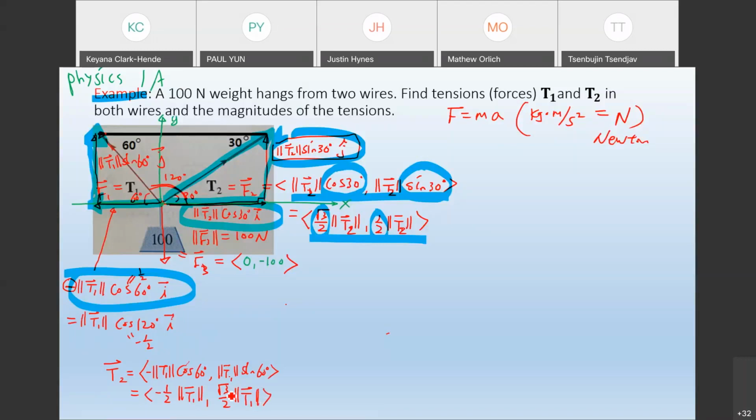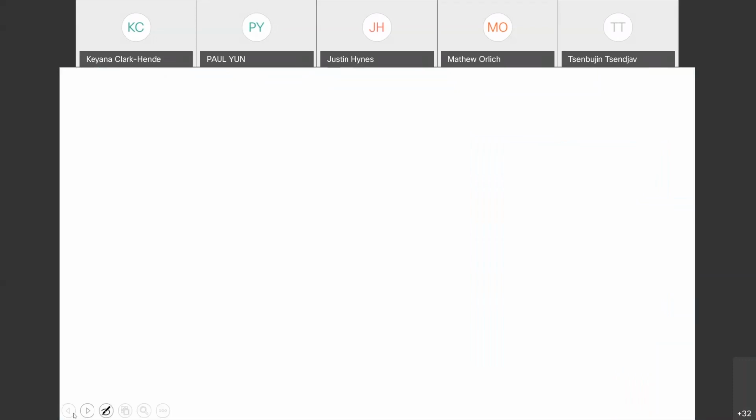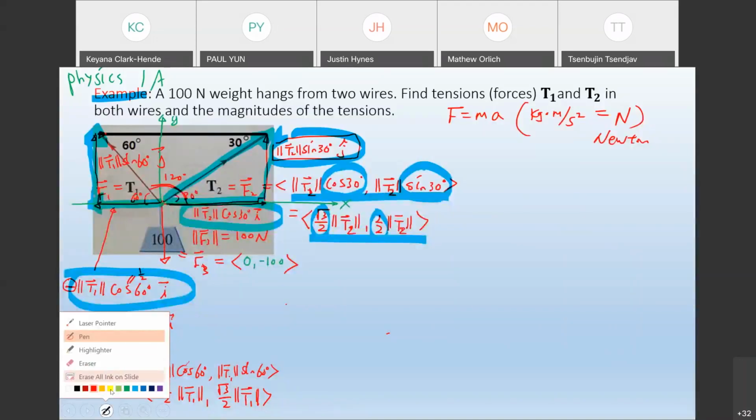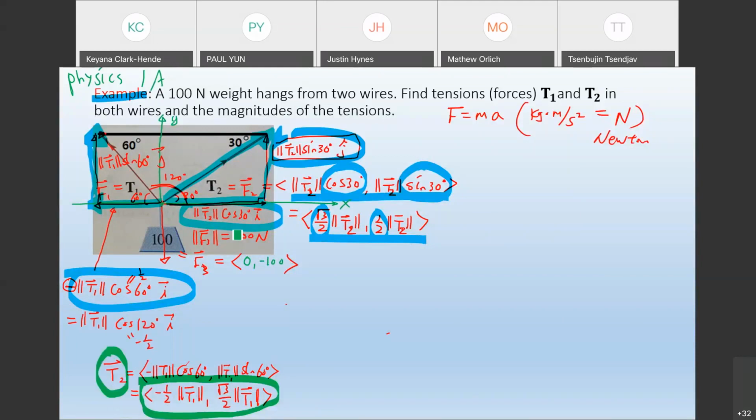Took a while. Oops. So we cut all of this guy. Let's see what we cut. Here we go. We got F3. Because this is basically what? Negative 100j, right? Isn't it?